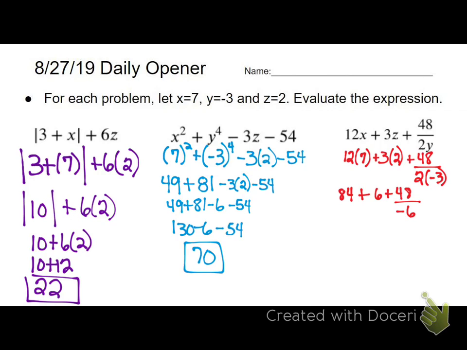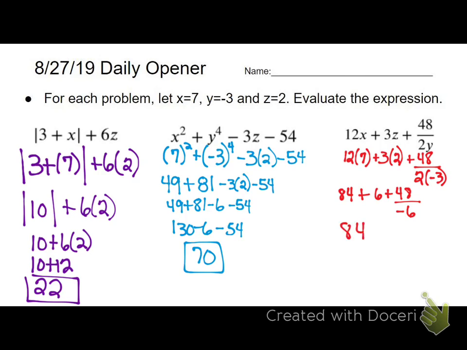And if you wrote each individual step, that's okay. But we can go ahead and knock out all the same operations in one step now. From here, I need to do what next? Divide. Okay, so what am I dividing here? 48 by -6.